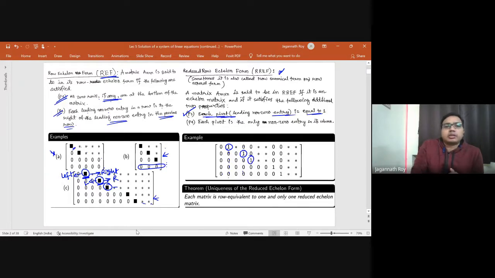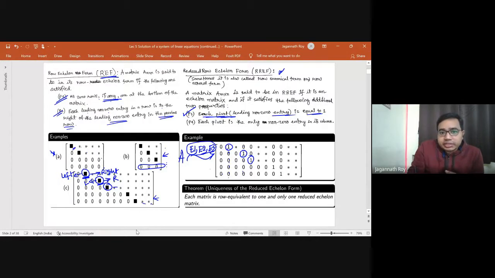Okay. Now, if you remember, for example, given a matrix A, you are trying to find it by row operations. We have seen the elementary row operations E1, E2, and E3. Whatever you do, for example, if you do E2 first and then E1 and then E3, the ordering of these row operations does not matter.